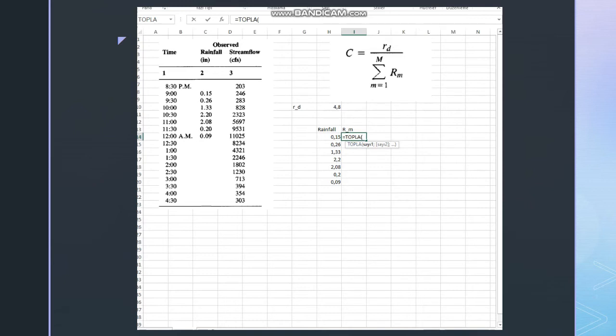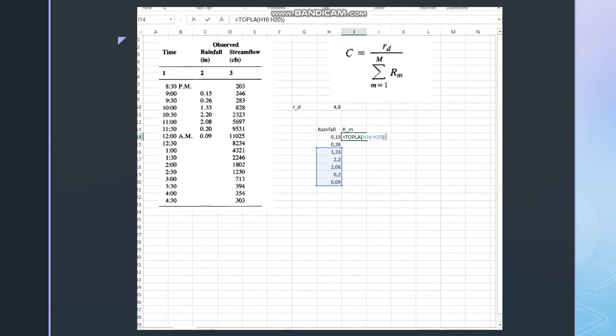after the excess rainfall begins, or direct runoff begins, which is here after 9:30, right? So it's going to start from 1.33 here till down, because these first two, 0.15 and 0.26, are going to saturate the soil.